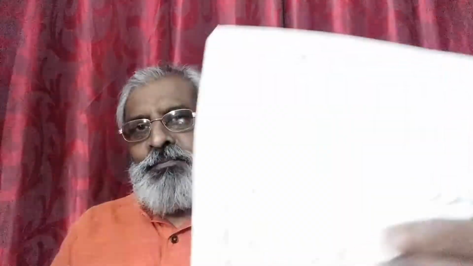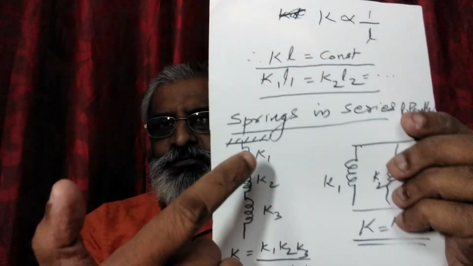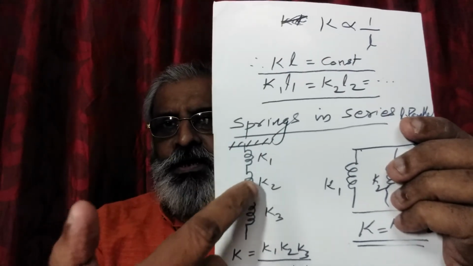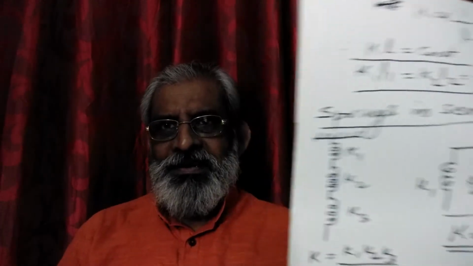Then the next point is combinations of springs. You can connect two or more springs either in series or in parallel. Here 3 springs with the stiffness values K1, K2, K3 are connected end to end as a chain.